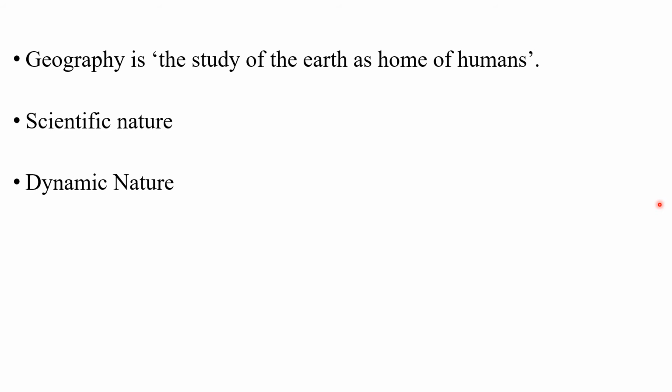Then dynamic nature means this subject is never stable. Nowadays in human geography a most important thing is included, and this is ArcGIS. Before, in human geography we just focused upon race, human evolution, and many things related to human beings, which created road transportation systems and different types of features, and this study was part of human geography.